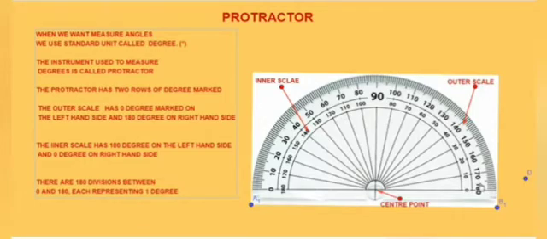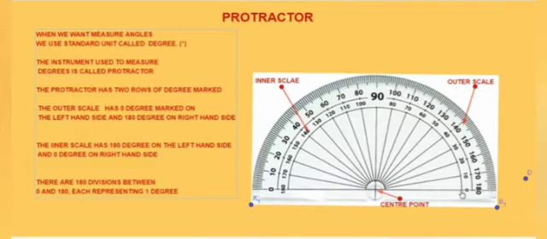The protractor has two rows of degrees marked. This is the outer scale. The outer scale has 0 degree mark on the left side and 180 degree on the right side.